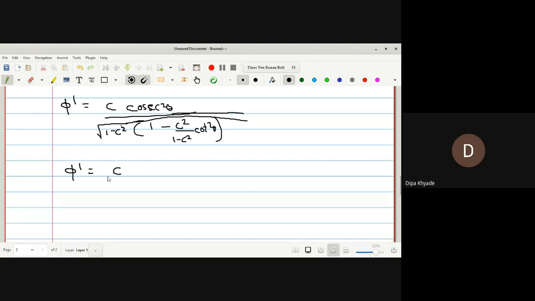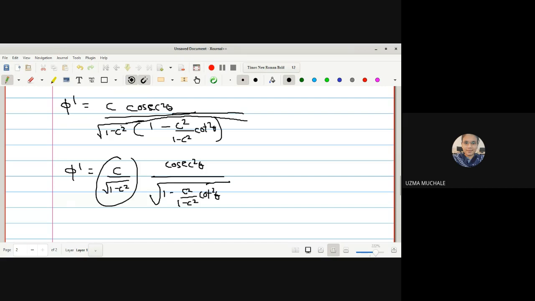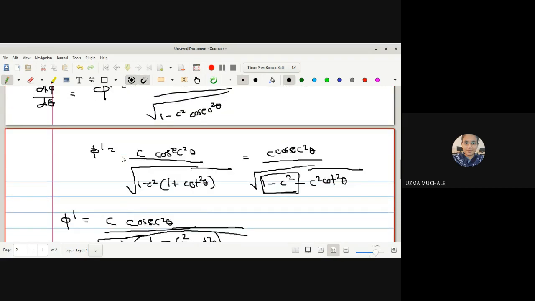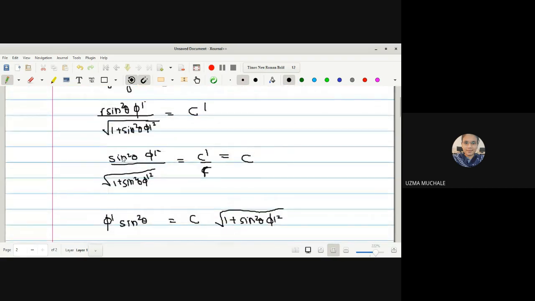Yes ma'am. c upon under root of 1 minus c square, if we take common, then what remains here is cosec square theta divided by under root of 1 minus c square upon 1 minus c square cot square theta. Right. Now this c is a constant of integration. If you remember, we have written this as a part of a constant of integration.